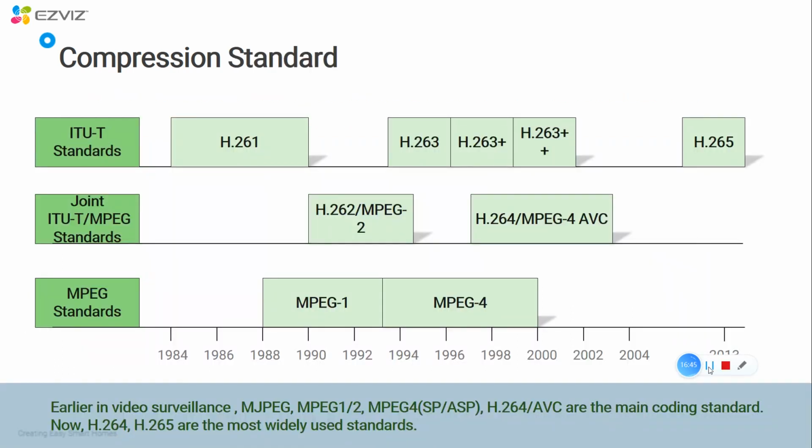This is the development of the compression standard. Earlier in video surveillance, MJPEG, MPEG-2, MPEG-4, and H.264 were the main coding standards. Nowadays, H.264 and H.265 are the most widely used standards.